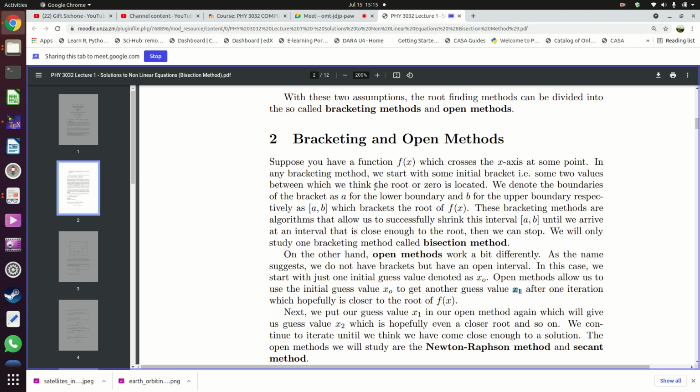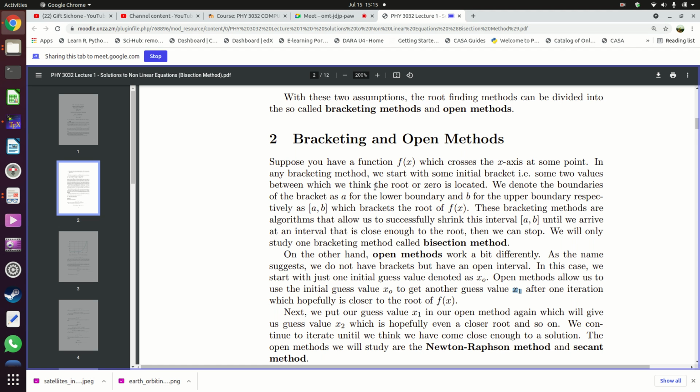Yes. So you start out with some guess value. Then this guess value x naught, you put it in the open method, and hopefully, though it's not always the case, it's going to give you a guess value which is better than what you started with.